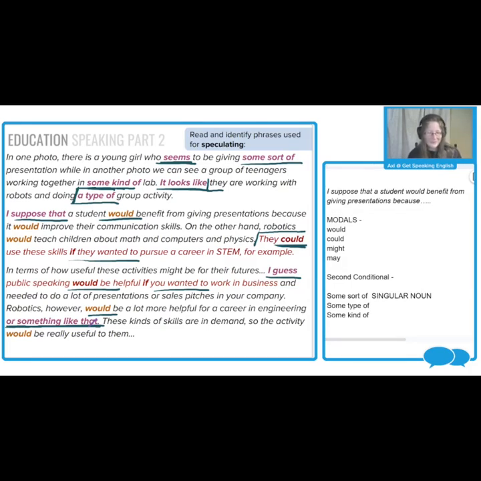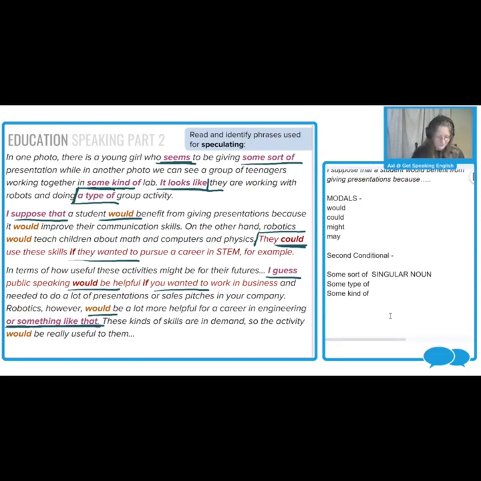Those are great little phrases that we could use when we're really unsure about what it is that we see and what it is that we want to say. So lots of really great ones.